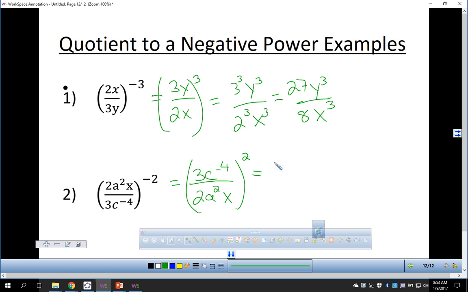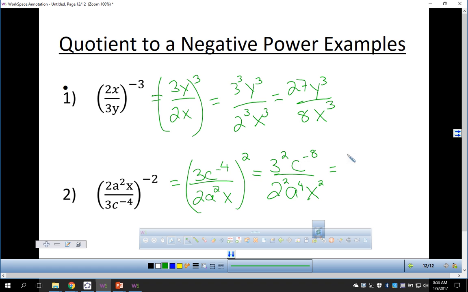So what would the next rule say? 3 to the power of 2, c to the negative 8, over 2 to the power of 2, a to the power of 4, x to the power of 2. Yes. And then one more step.